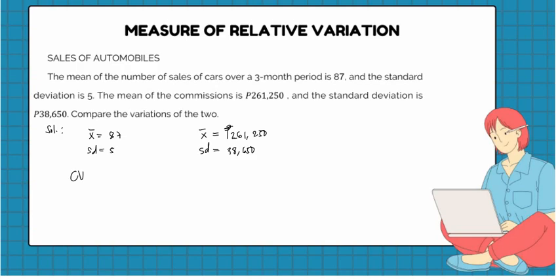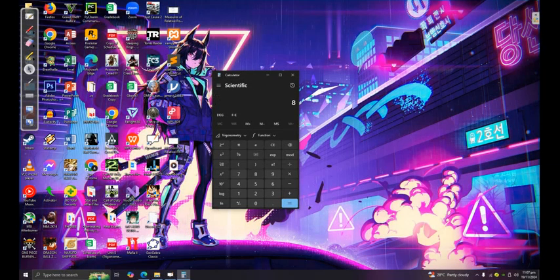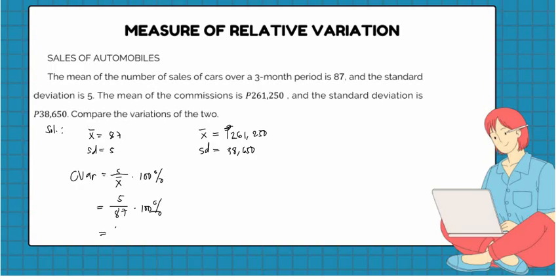So, that's gonna be CVAR, standard deviation divided by the mean times 100%. So S here is going to be 5 divided by 87 times 100%. 5 divided by 87 times 100% is 5.747%.